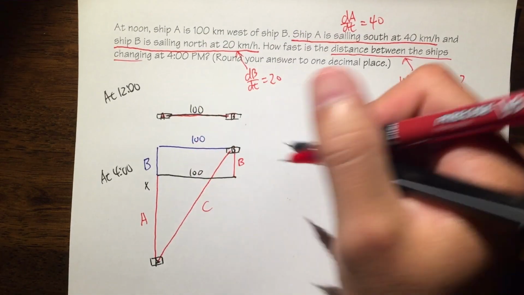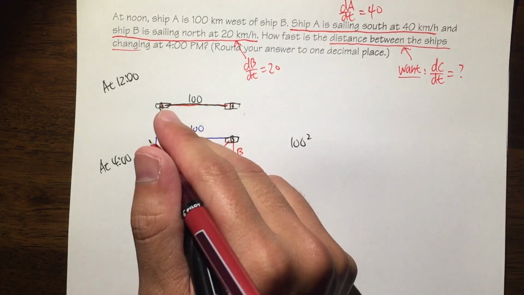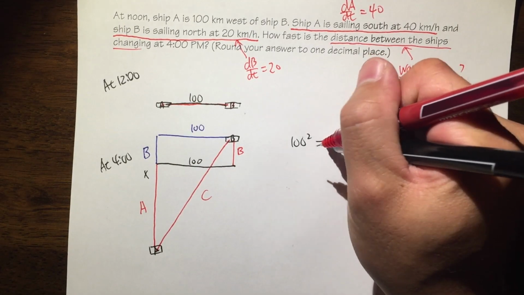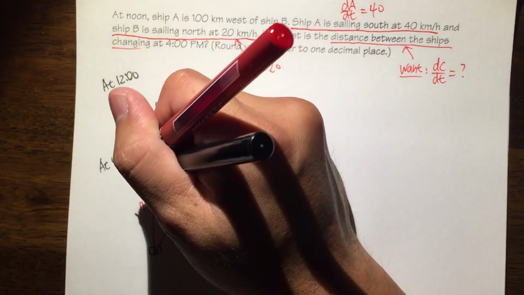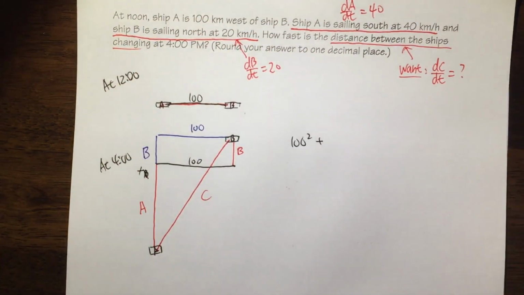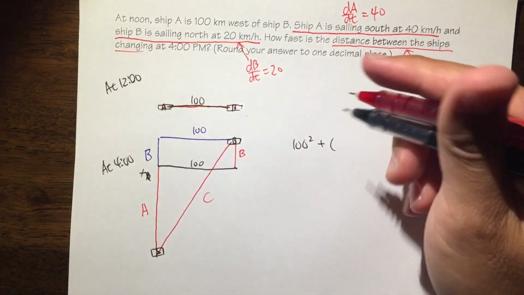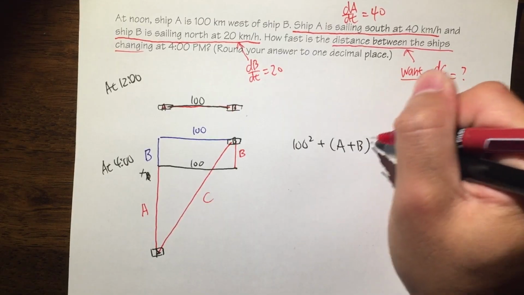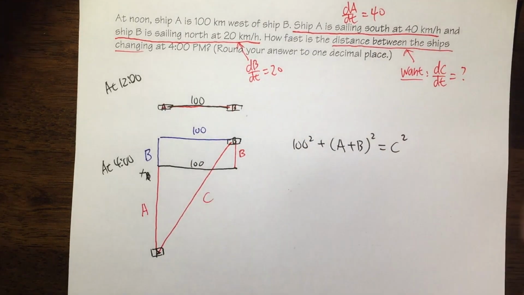So we can get to work. Let me put down 100 squared, because this 100 is always 100, so I can put it down right away. And then add it with (A plus B) squared, and this is equal to C squared, like this.